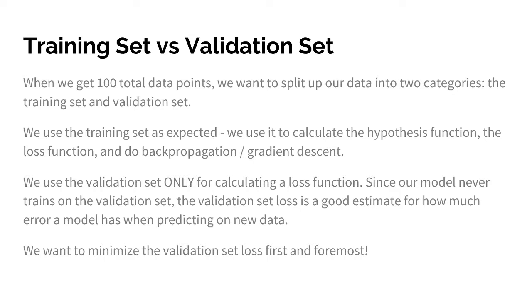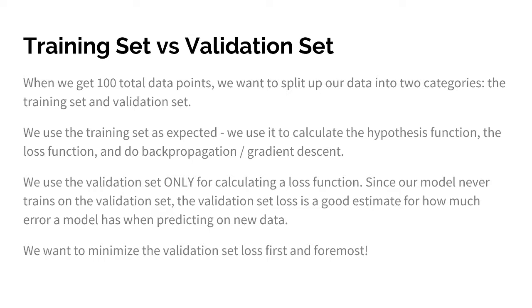So we reserve the validation set only for calculating the loss function. The reason why is because our model never trains on the validation set. Basically, it means that the model has never seen it, it doesn't know about this data, even though it's still valid. And so the validation set loss is a good estimate for how much error the model will have on new data.